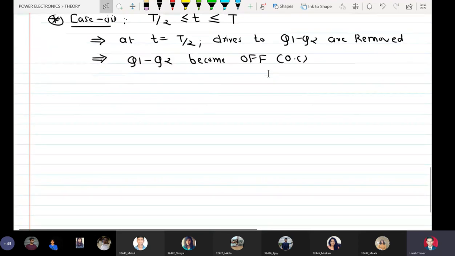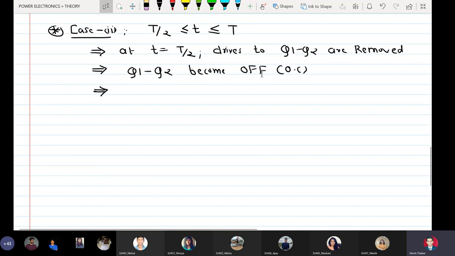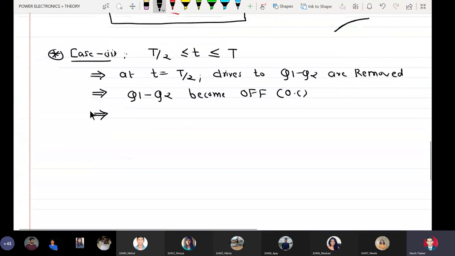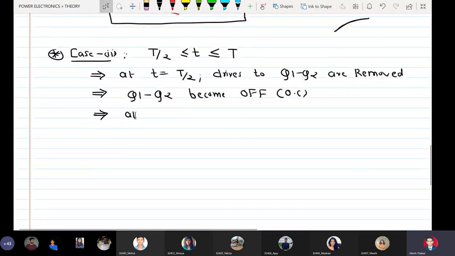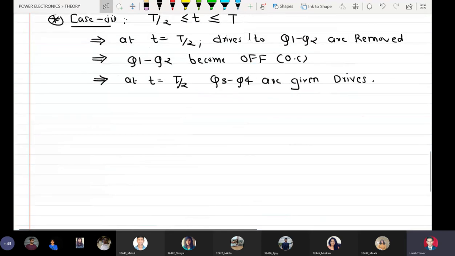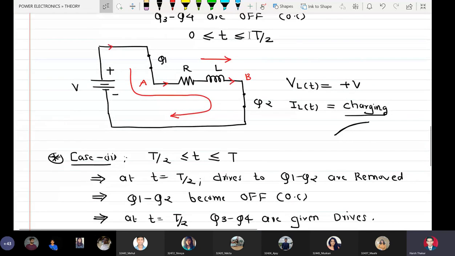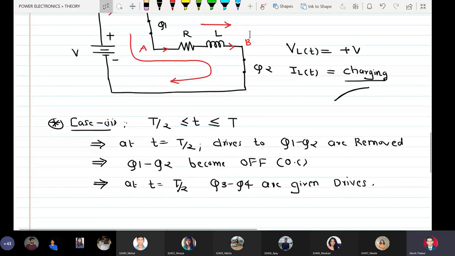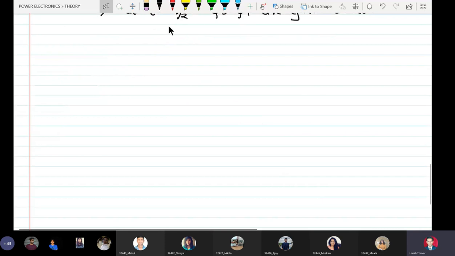Also at t equal to T by 2, Q3 and Q4 are given drives. Now the problem is this, that Q3 and Q4 are given a base drive, but now the inductor is offering the voltage L di by dt.